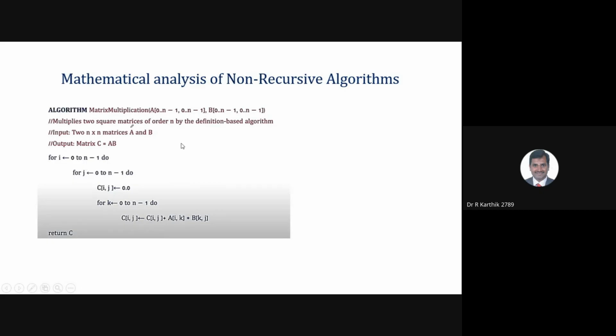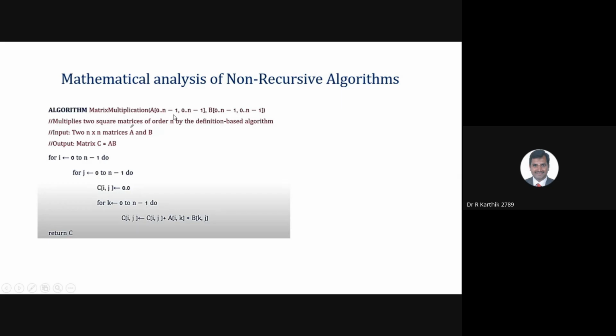In previous examples, we discussed only one array, a one dimensional array. For this matrix multiplication, we have to go with a two dimensional array. That means rows and columns, the number of rows and the number of columns. For that, we have to create indices for rows and columns separately. So we write the array declaration like this: A[0 to n minus 1, 0 to n minus 1].